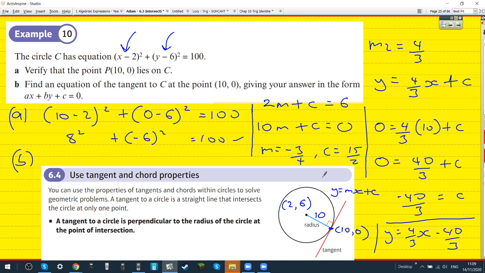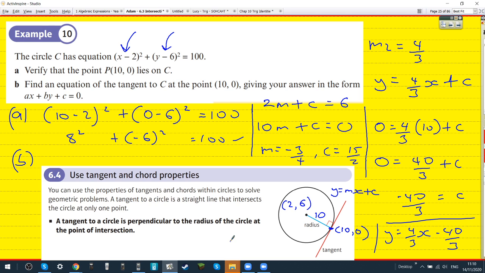So it seems like you find the gradient of the radius, get the perpendicular gradient, the negative reciprocal, and then sub that and x and y into that to get c. How do you get the gradient of the radius?